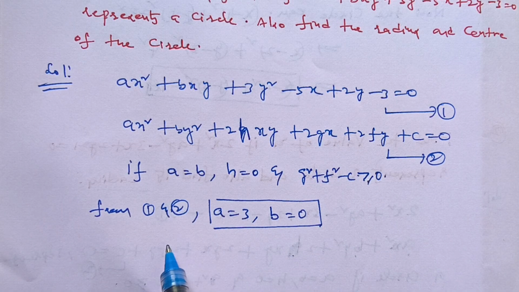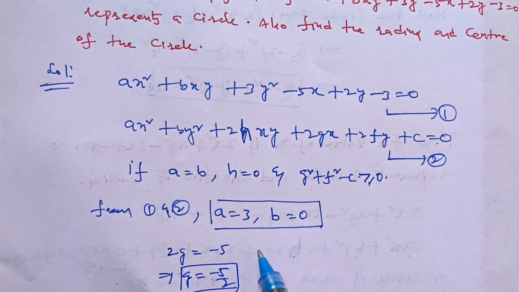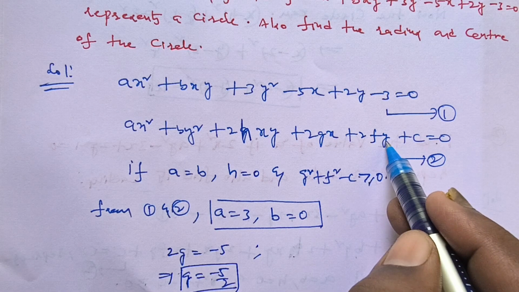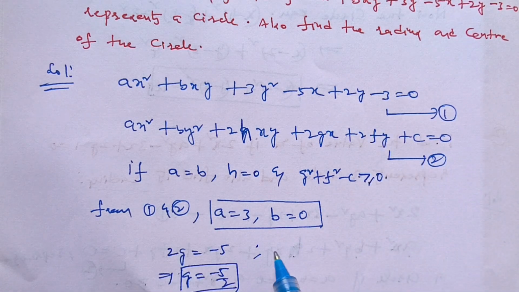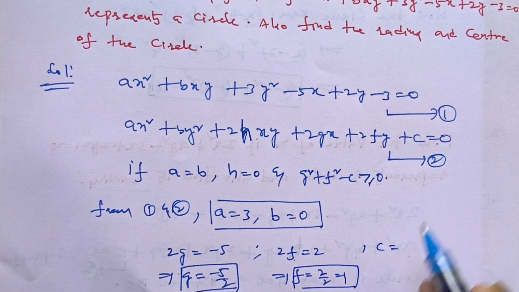So comparing the coefficient of x values, 2g is equals to minus 5, g equals to minus 5 by 2. Like that, compare the coefficient of y values. 2f is equals to 2, so f equals to 2 by 2 equals to 1. This is f value. And c value is here minus 3.